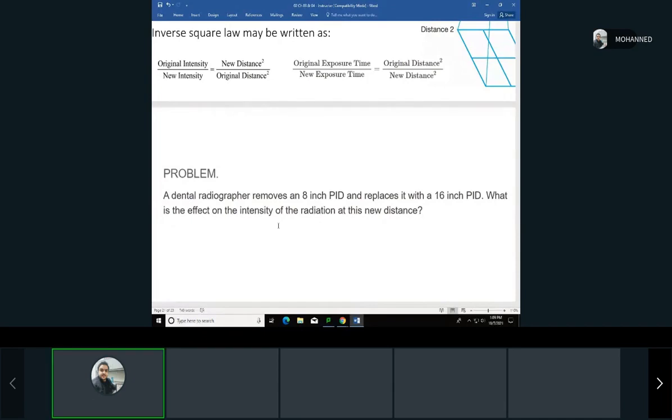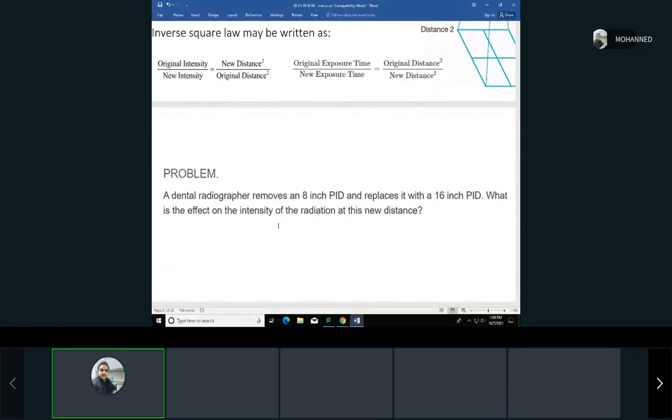So you just plug in the numbers, and it will magically work. If you erase this, it's easier, so instead of having to do the square of 8 and the square of 16, you simplify.